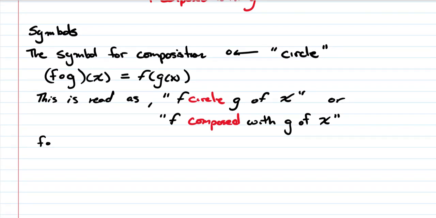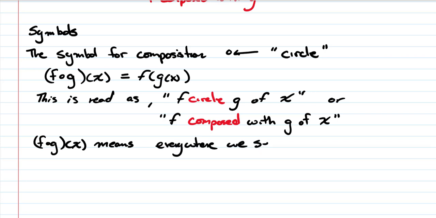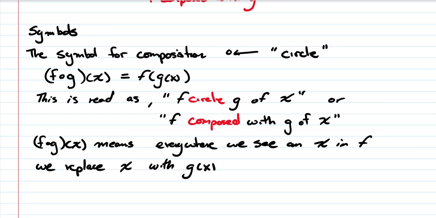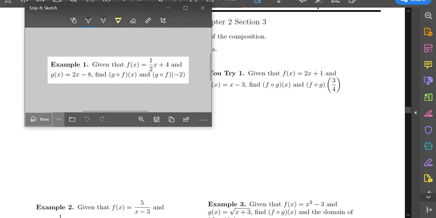In symbols, f circle g of x means everywhere we see an x in f, we replace it. So we replace x with g of x. So we are literally evaluating a function at another function. So let's go ahead and take a look at our first example.